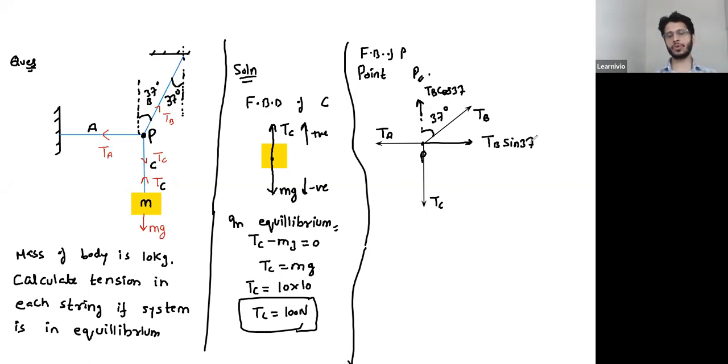Upward force is equal to downward force, so TC, which is acting downwards, should be equal to TB cos 37.